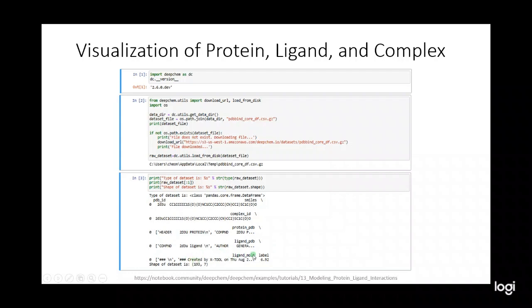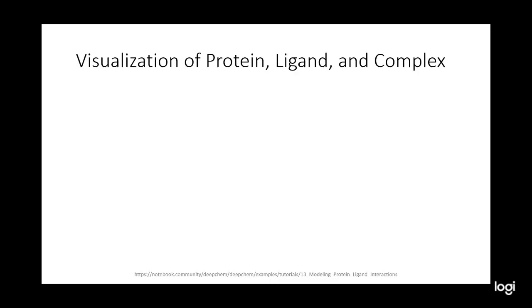To visualize the protein, ligand and their complex, we need to import a few additional modules. NGLView module for interactive molecular visualization. Tempfile module for handling temporary files. OS module for file system operations. MDTraj for working with molecular dynamics trajectories.